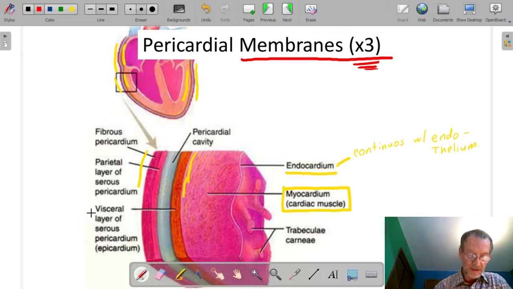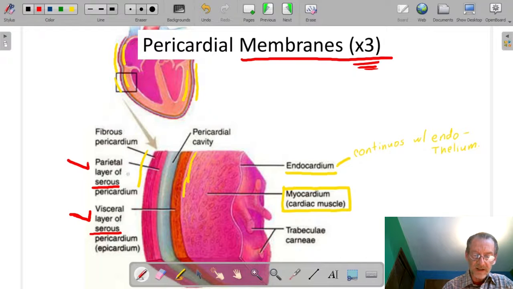Well, here's one. This is the visceral layer of the serous pericardium. So we're going to talk about serous in a minute. And then there's the parietal layer of the serous pericardium. So we have a visceral layer and a parietal layer. And then we have a fibrous pericardium. So there are the three that we'll talk about.